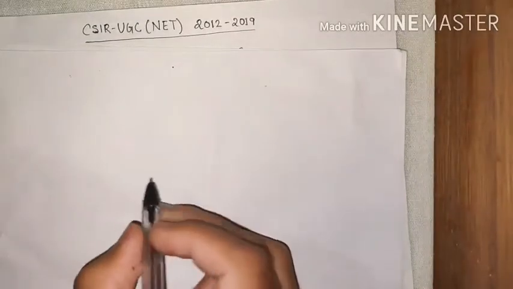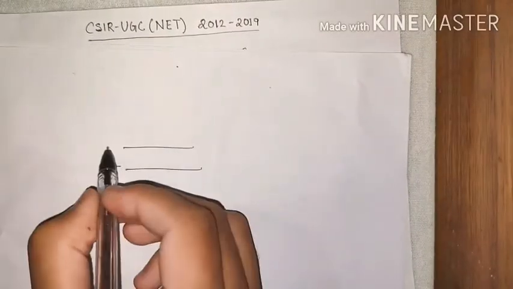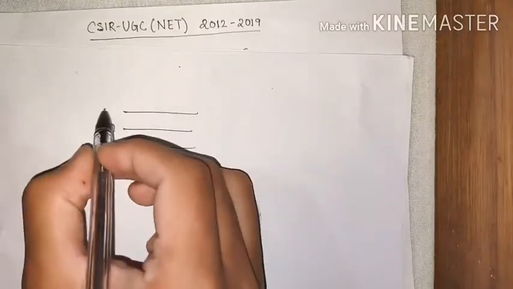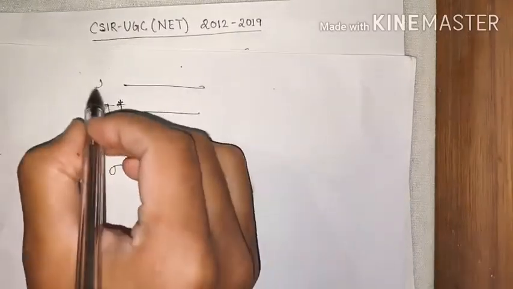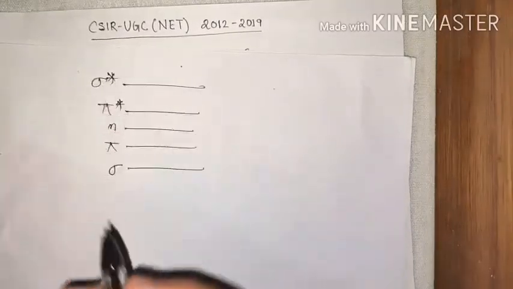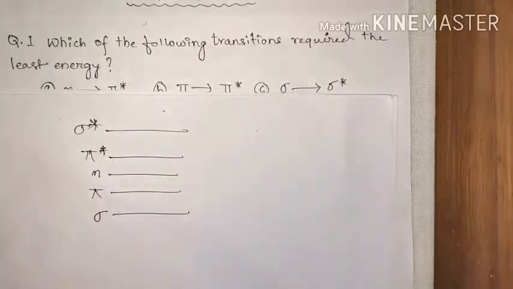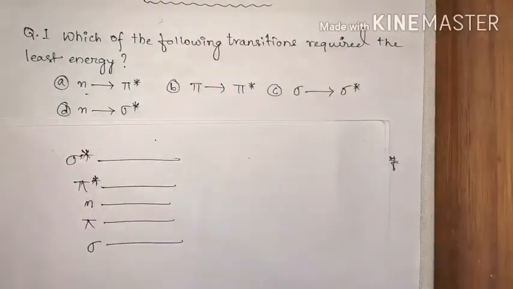If we see the energy levels, this is sigma, this is pi, this is n, this is pi star, and this is sigma star, okay. Star means anti-bonding. The question means which will require the least energy, so whose transition will require the least energy among these four options.